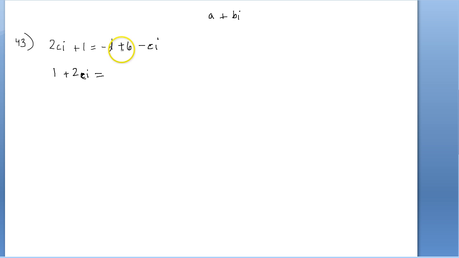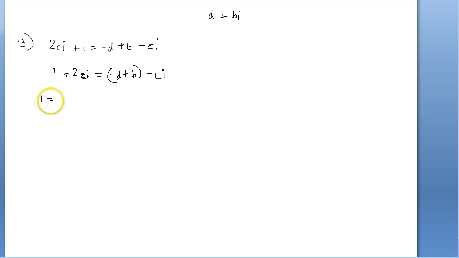One thing we have to keep in mind is this whole expression, this negative d plus 6, is the real portion because neither one of them has an I. So anything that does not have an I is a part of your real portion. So I'll put that in parentheses just so we can keep that in mind. And then minus ci. So now once we're in that form where we have real plus imaginary or real minus imaginary on each side, we know that the real portions are equal to each other.